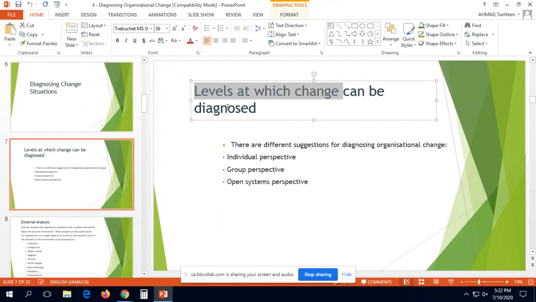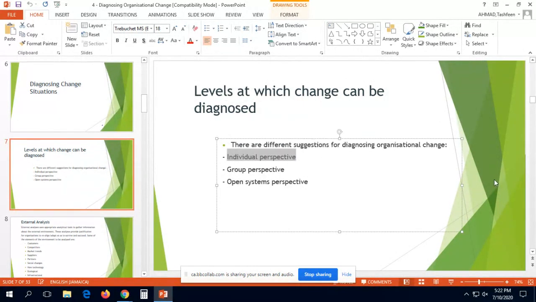Levels at which change can be diagnosed. Starting from a simple employee, individual person, or customer. You can think about customers also in this. So individually speaking, one person at a time, and then group, teams, and then bigger areas, departments, and even open systems, and so on.